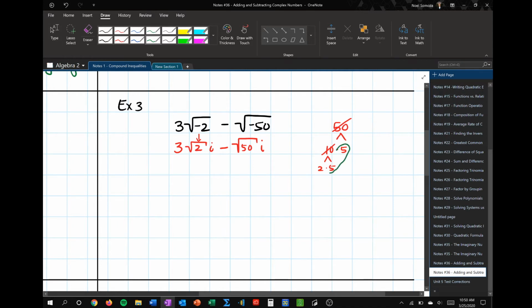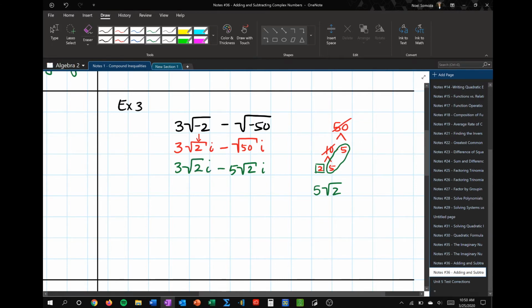If I extract a 5, that puts 5 on the outside, but since 2 doesn't have a pair, 2 goes back inside of the square root. So I can rewrite the square root of 50 as 5 square root of 2i, and then I can bring down the rest, 3 square root of 2i.